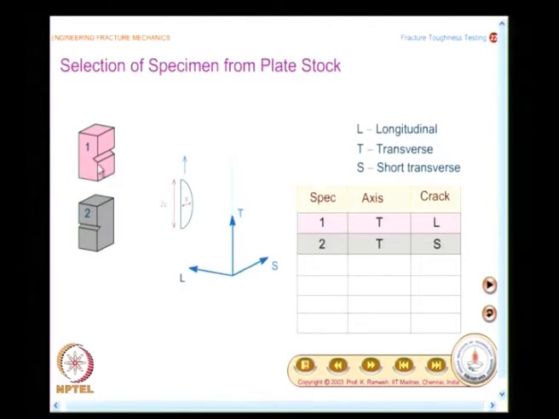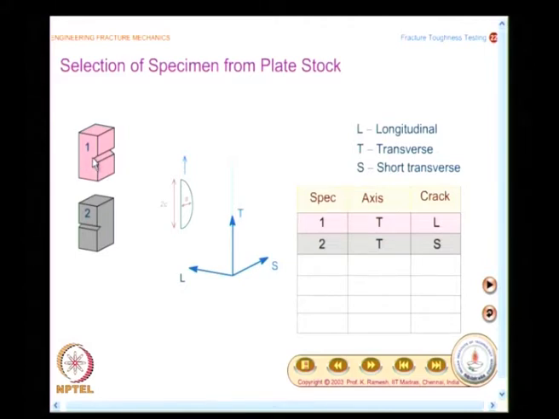You should know which way the specimen is aligned. You write specimen 1 and 2, and make a sketch of it. In the case of specimen 1, the axis is given as T and the crack will advance in the direction L, that you can see. I have the crack here, as I apply the load, the crack is expected to advance in the L direction.